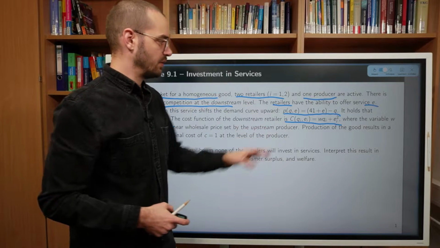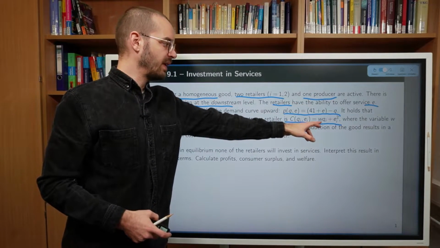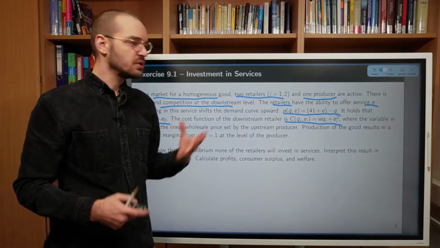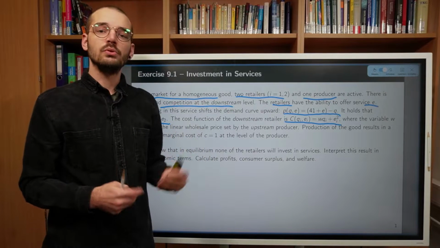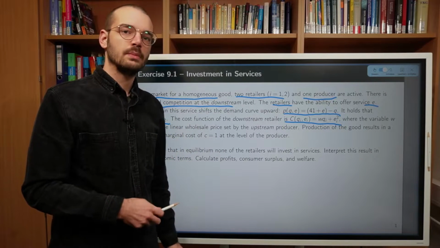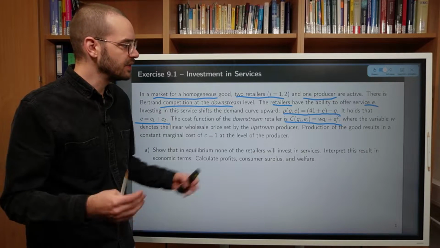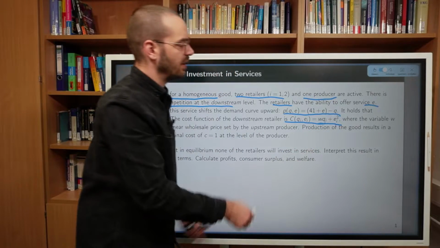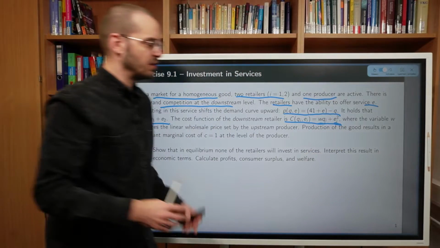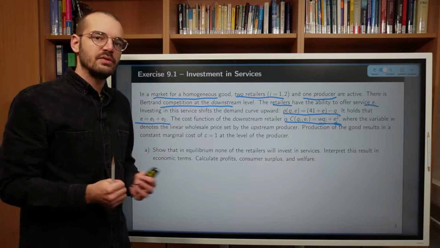The cost function first has one part that depends on the wholesale price W, so the downstream retailer has to pay the upstream producing firm some amount W for each single quantity it wants to sell in the retail market. This is the first part of the cost function, and then the second part of the cost function is the squared amount of services provided.